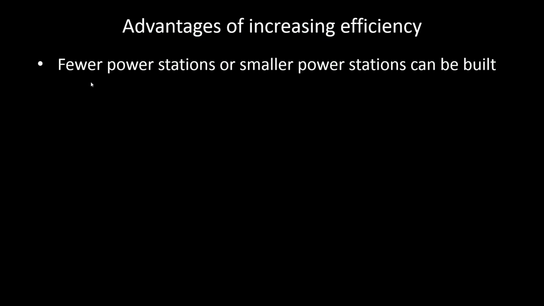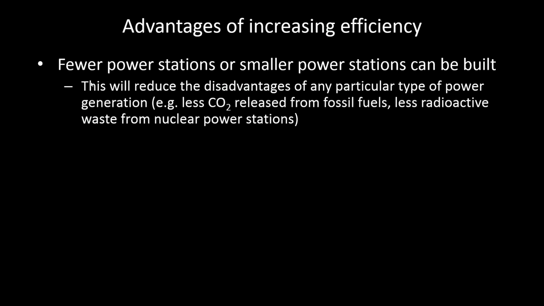Okay. So, just to summarise then, the advantages of increasing efficiency are fewer power stations or smaller power stations. And this is where your knowledge of the disadvantages of each type of power station comes in. Every power station has some disadvantages, and if they're anything to do with environmental impact, then if you're building fewer power stations or smaller ones, it will reduce that environmental impact.